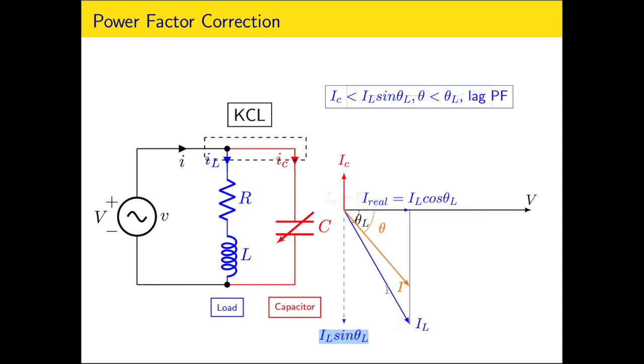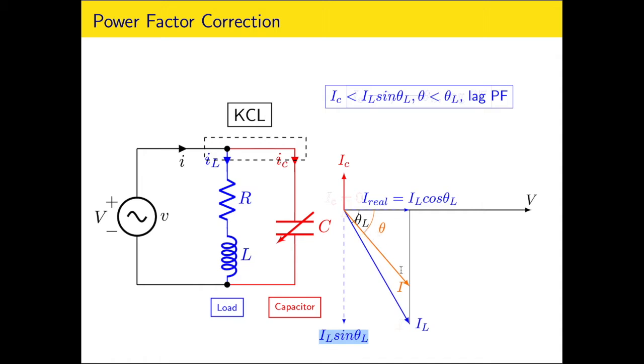So in this arrangement, the net supply current will be the I, which is represented by this orange line. Now you can easily see that the theta, which is the angle the source current makes with the source voltage, is getting reduced.